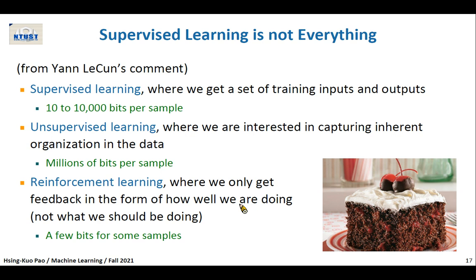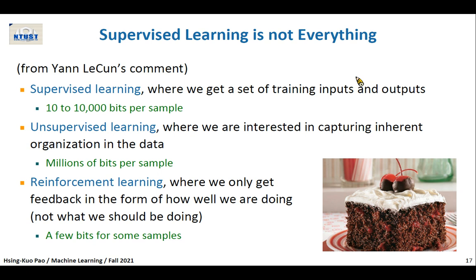This one is another related topic, but later we're going to focus more on this: what we learn here is supervised learning. Supervised learning has been quite active for decades, but now people are shifting more to unsupervised learning. How and why? Yann LeCun made this comment.